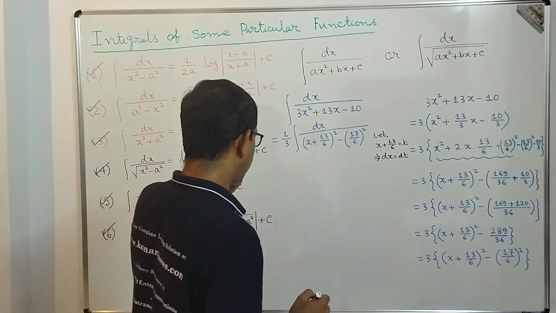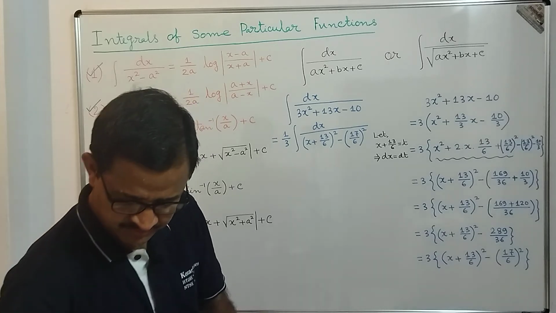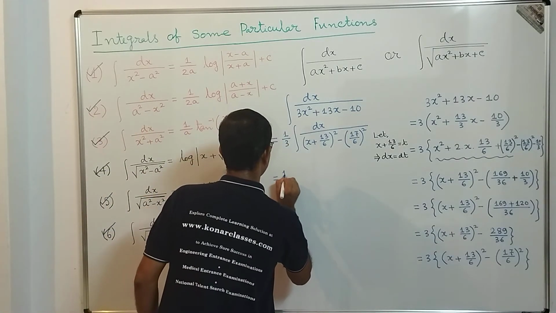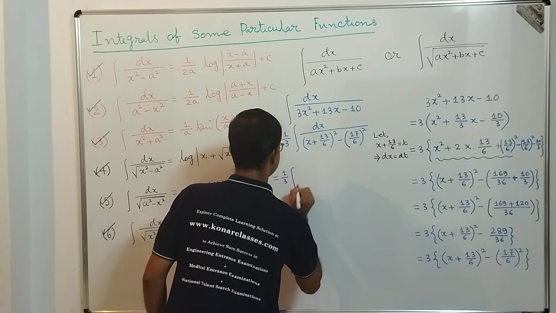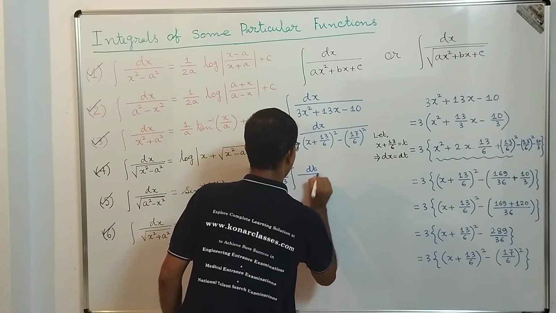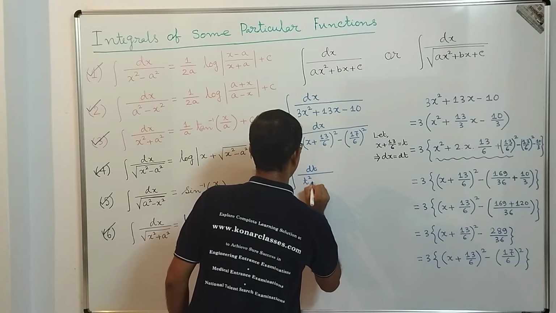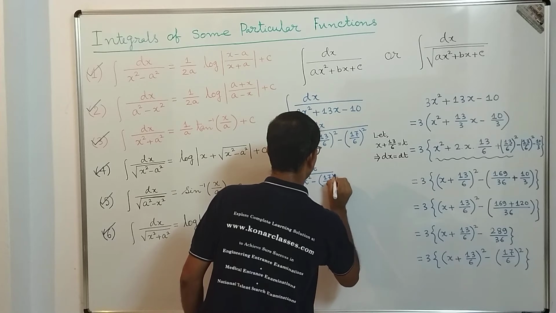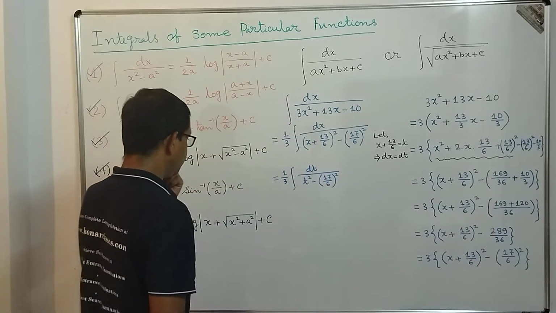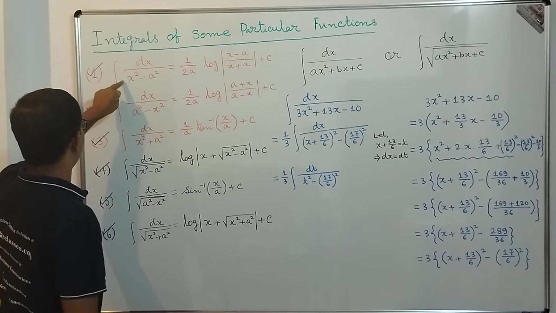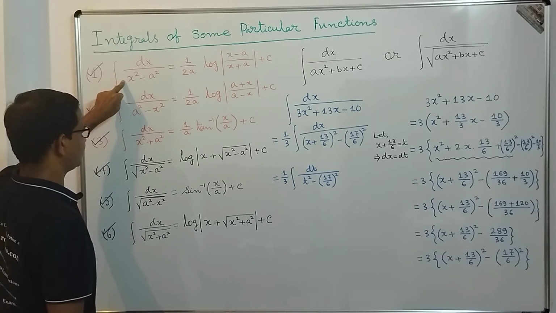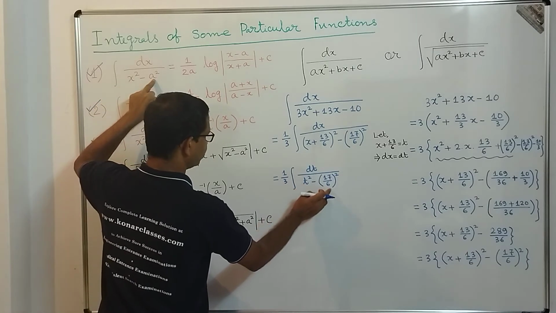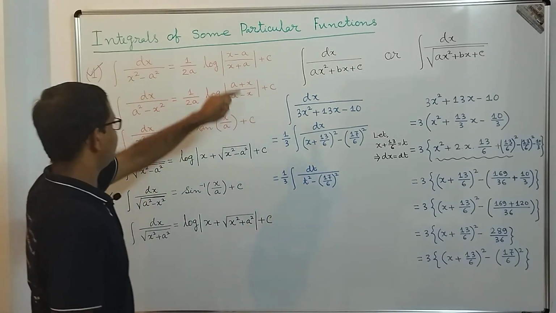Now if we apply that, we are going to get 1 by 3 integration, instead of dx we can write dt, and in the denominator we write t square minus (17 by 6) whole square. So now this is in the form of the first formula, dx by x square minus a square, where x is nothing but t and a is nothing but 17 by 6. So we will apply this formula.